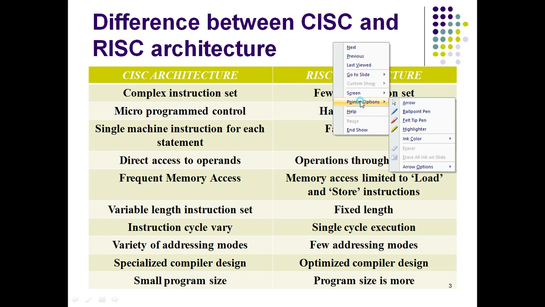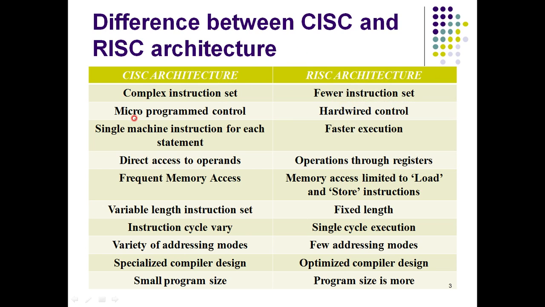Okay. Now going ahead, the next very important thing is micro-programmed control. CISC architecture has micro-programmed control, whereas RISC architecture has hardwired control. The meaning of micro-programmed control here is about the binary variables. I hope you already know that all our data is handled with the help of binary variables. All the binary variables get stored in the memory with the help of memory locations.